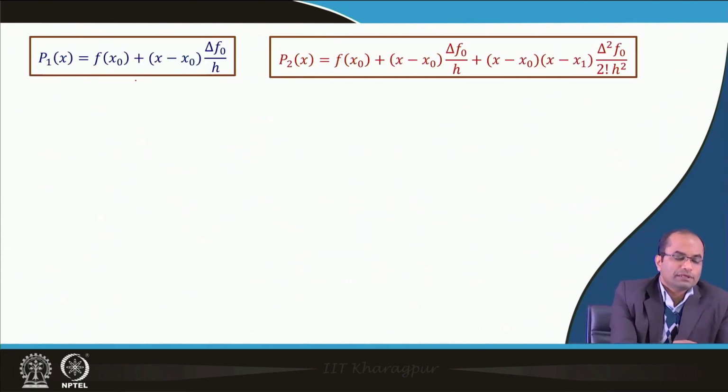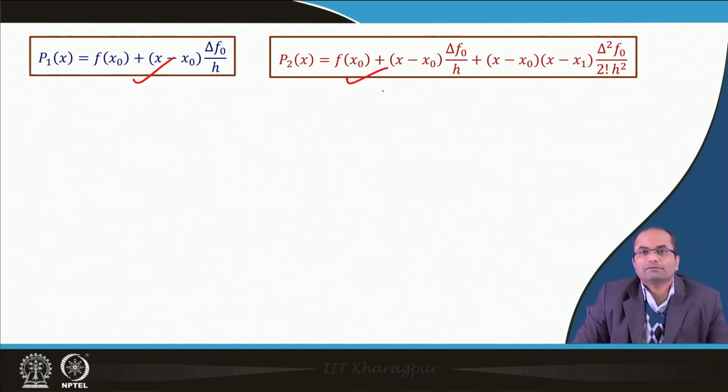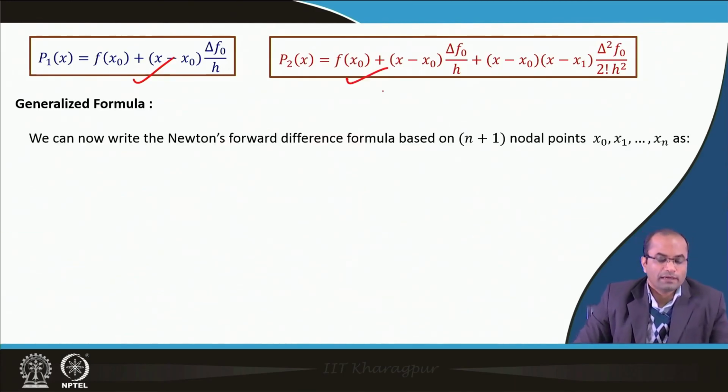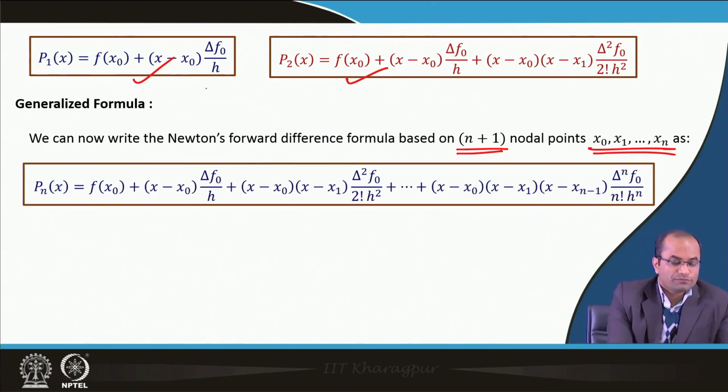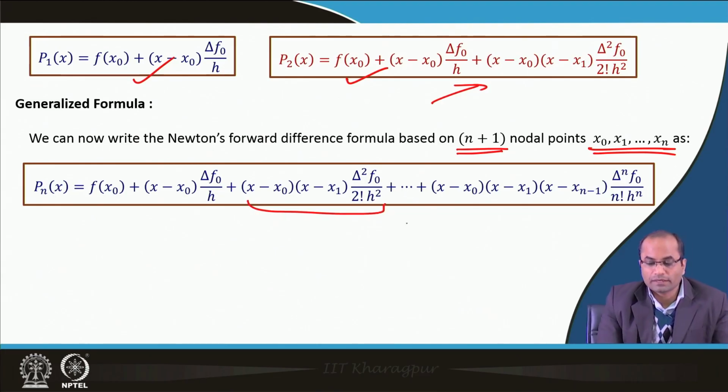So, if 2 points are given, we have the first order polynomial, if 3 points are given, we have second order polynomial. And the general formula, if there are n plus 1 distinct nodal points given, then we can have this nth degree polynomial, where the formula one can see is just the extension of what we have derived. This is the second order term, and we will continue with this.